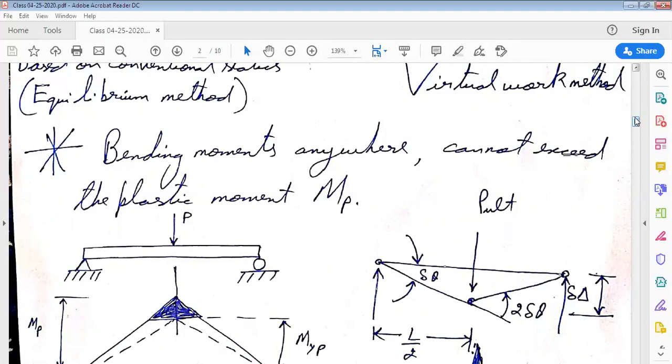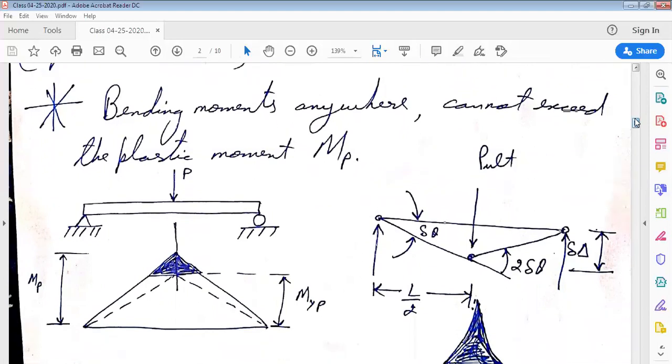On the right side, there is a collapse mechanism which has been suggested. The load corresponding to the collapse mechanism is P subscript ULT, P ultimate. Now this is the maximum load which the structure can take.